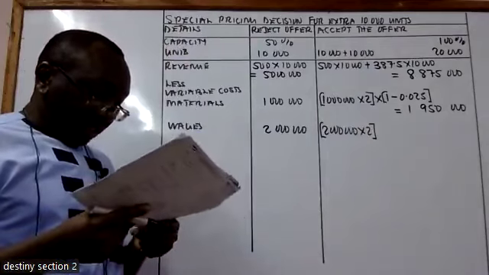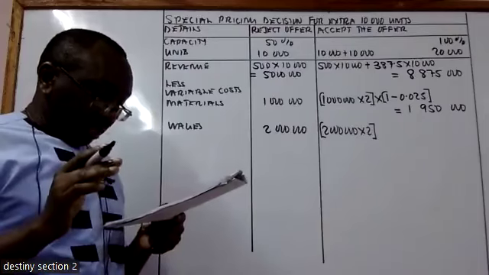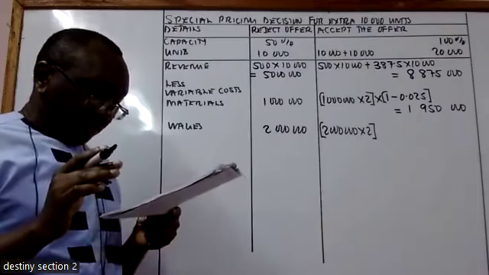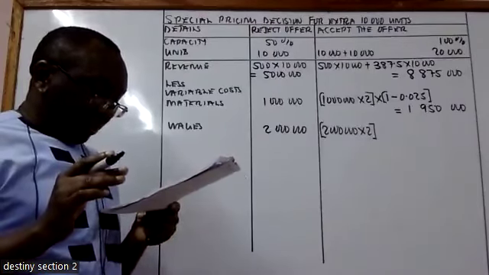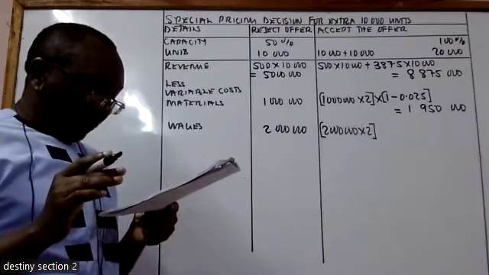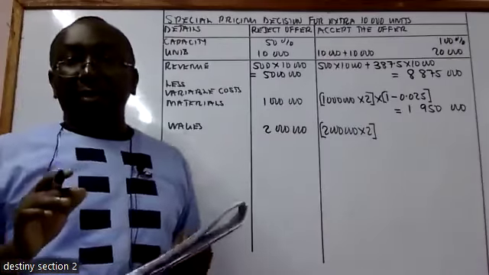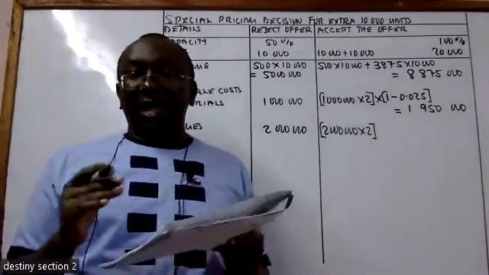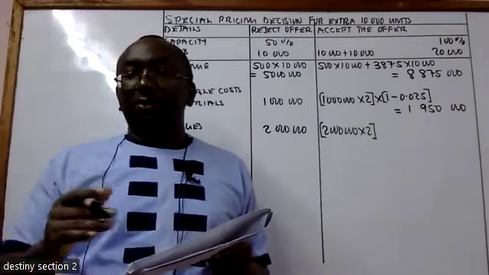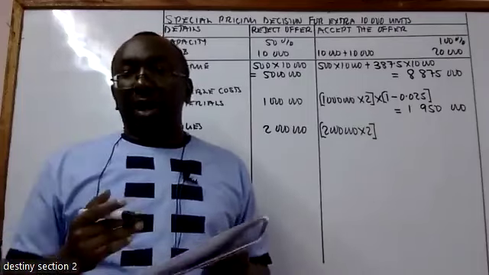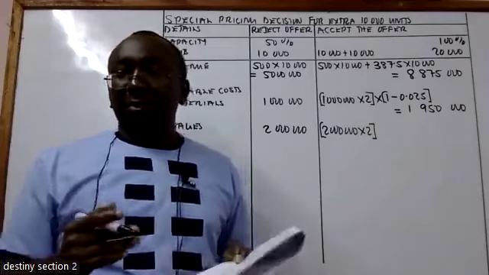And the question says in information 4, the wage rates will remain constant, but due to employment of new workers, there will be a drop in labor efficiency by 5% on production. So what that means is that these guys will produce less by 5%. So you are supposed to increase it. The labor cost is going to go up.